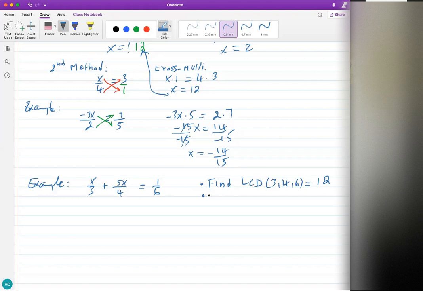Once you find that LCD, we're going to multiply all these fractions by the LCD. So we're just going to take this 12 and multiply it by each one of these fractions.